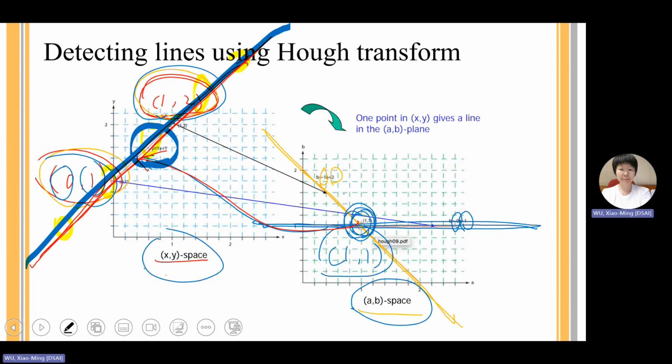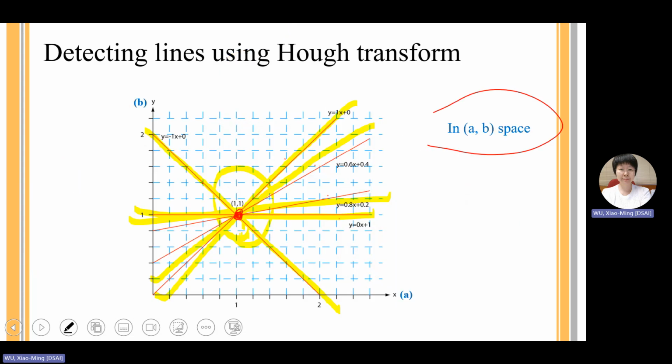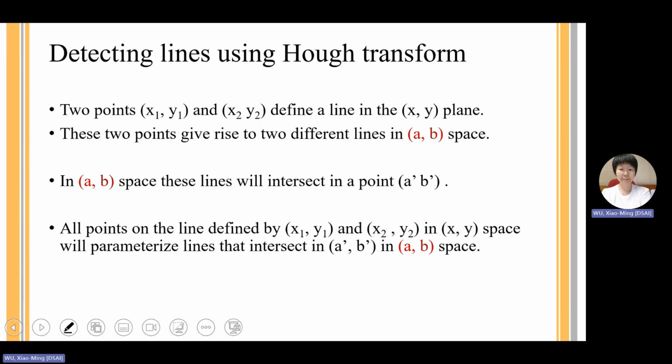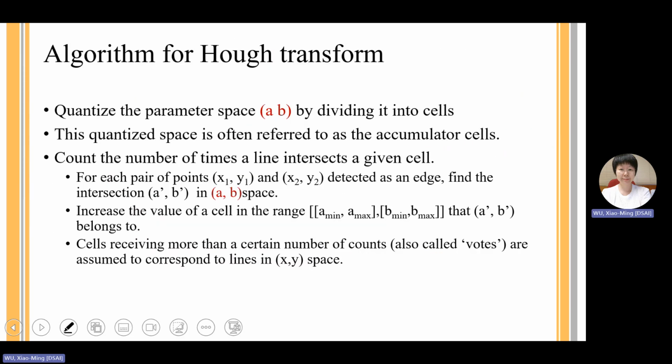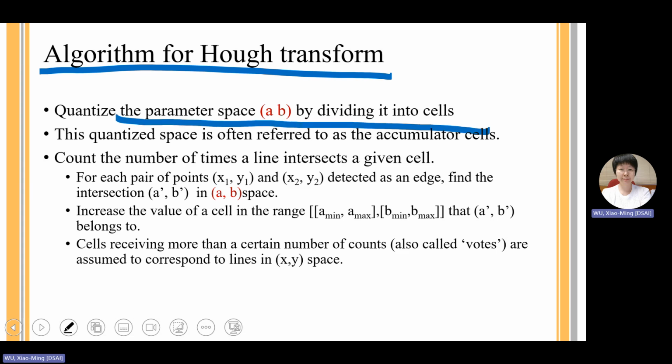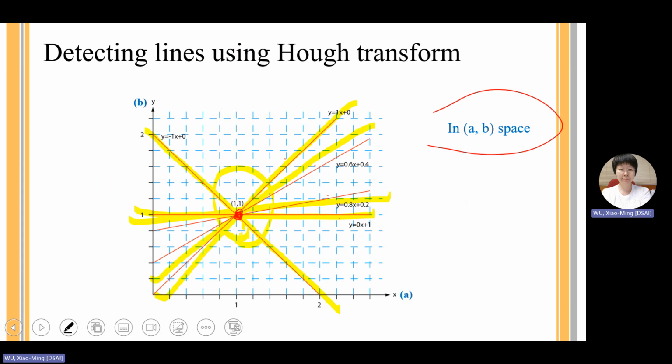So Hough transform just utilizes these dual relationships to identify the set of points that sit on the same line. The algorithm for Hough transform is to quantize. First, let's quantize the parameter space A and B. Because in Hough transform, we want to identify this equation. We have 5 points from XY space, and they correspond to straight lines in the AB space.